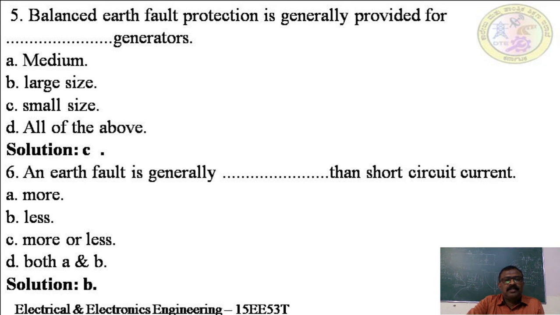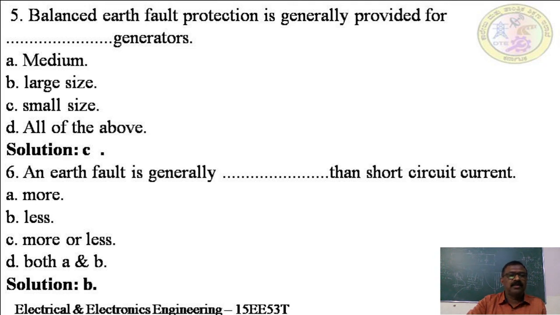The options are A more, B less, C more or less, and D both A and B. The earth fault is generally less than the short circuit current because, as we discussed, under short circuit condition, the short circuit current is roughly about 5 times the rated value.